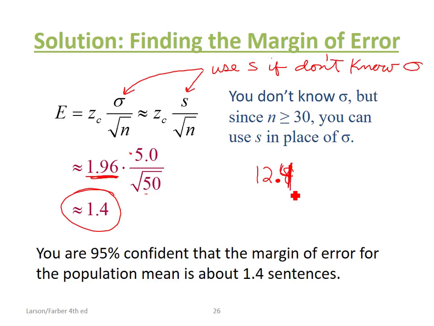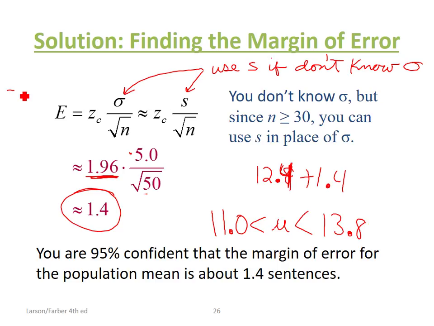If this is our margin of error, what we want to do to find our interval, what we're sure that the mean has to be between, is we're going to take that 12.4 and we're going to subtract 1.4. So we're down here to 11.0, and we're going to take that 12.4 and add 1.4. So we're up here at 13.8.